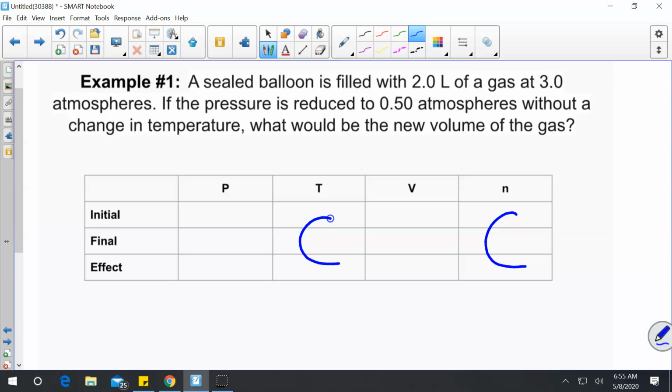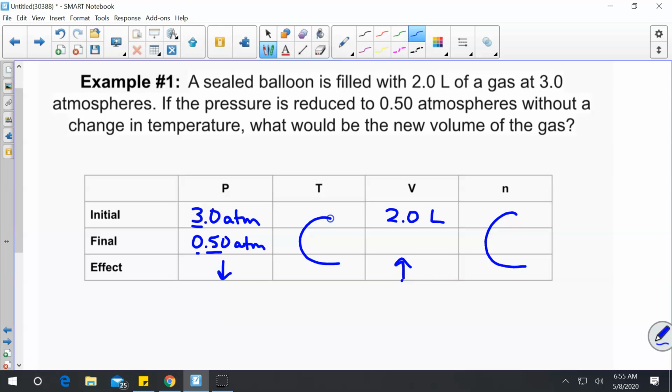Initially my pressure is 3 atmospheres, and I am changing it to 0.5 atmospheres. My initial volume of the balloon is 2 liters. The pressure is decreasing, and pressure to volume is an inverse relationship, so the volume should increase.